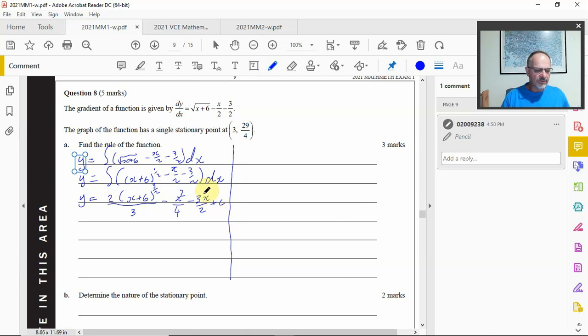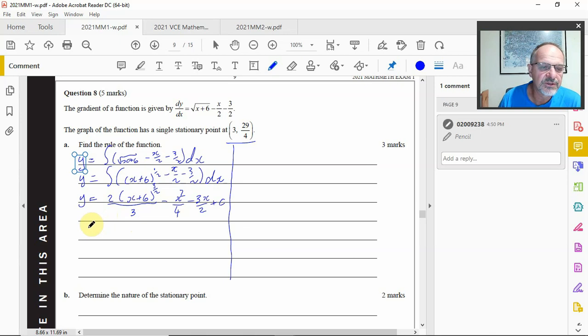All right, so now we've got some constant there, and we need to find out what that constant is, because we're asked for the rule. We've got part of the rule here, we need to know what this constant is. And we're told that there's a point there, (3, 29/4), so we can substitute that in.